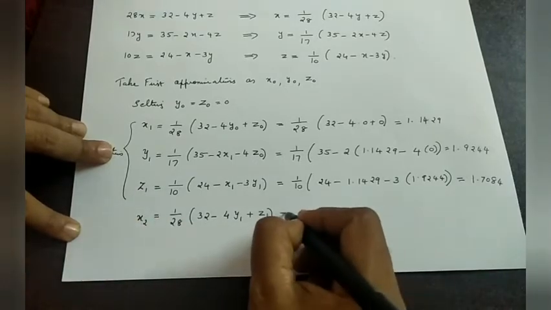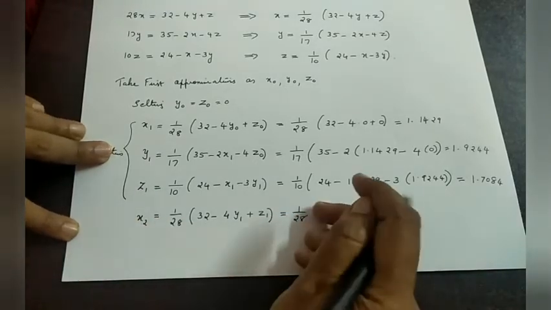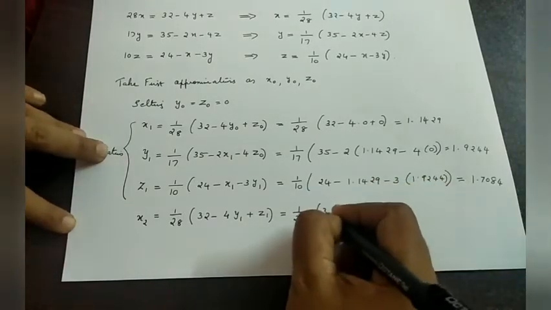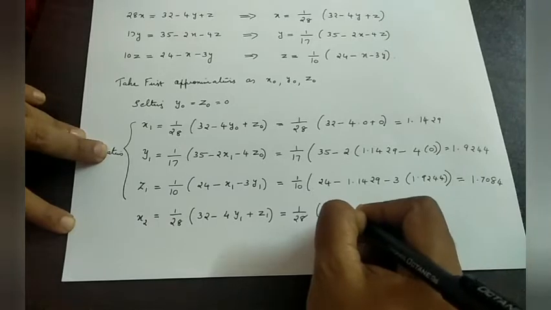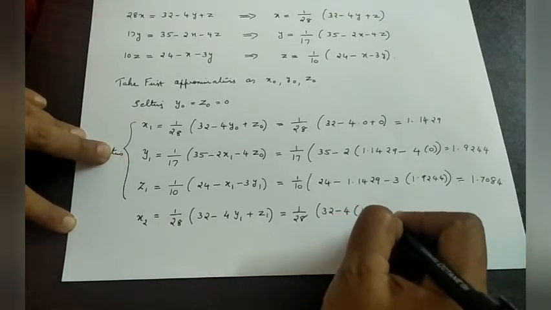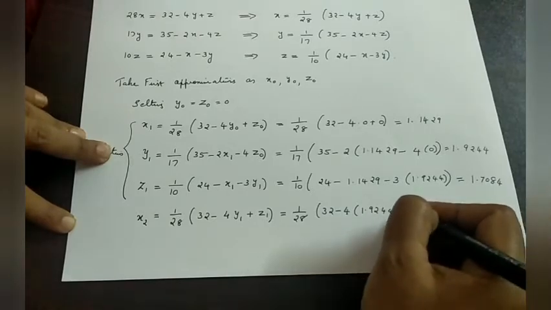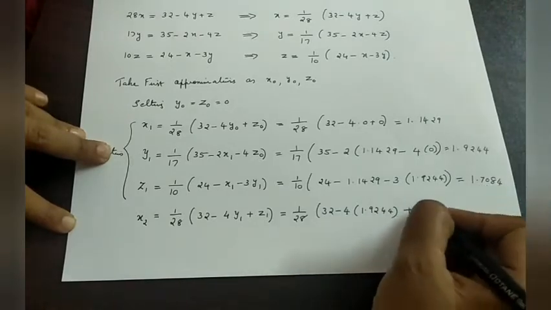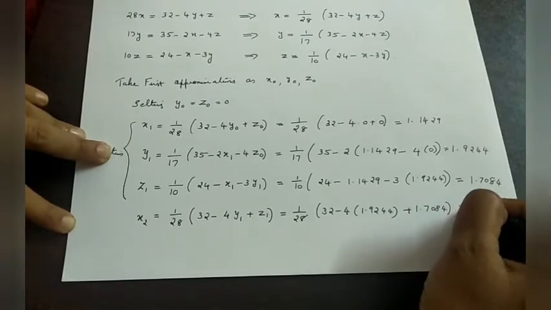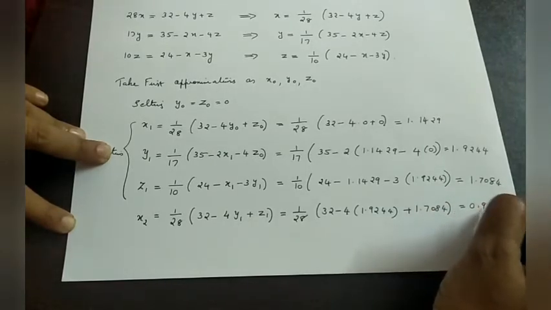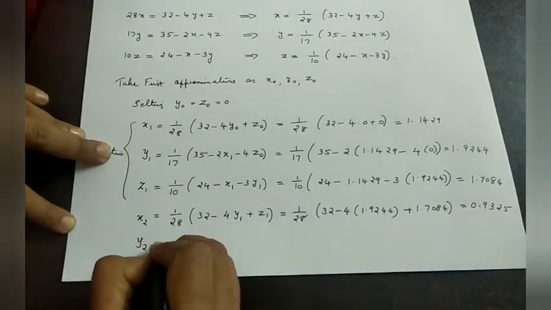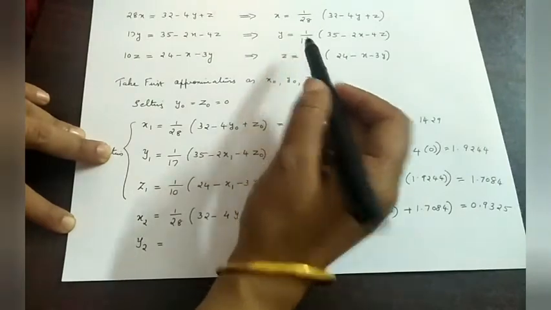It is equal to 1 by 28 into 32 minus 4 into, what is the value of y1? 1.9244, plus the value of z1, 1.7084. It is equal to approximately 0.9325.